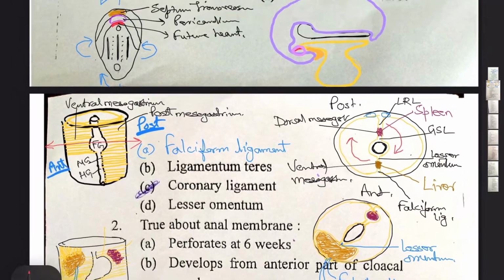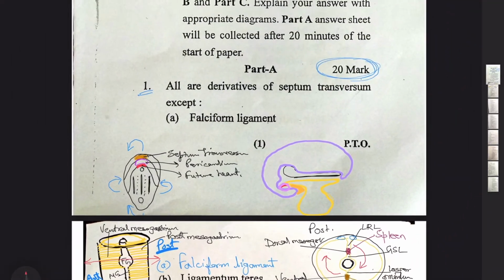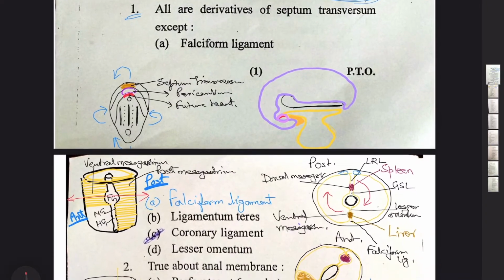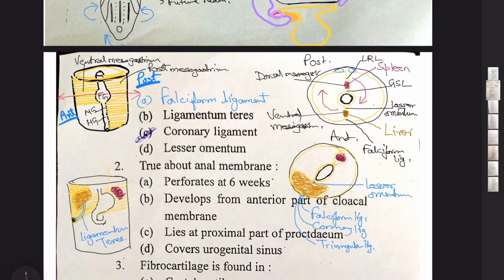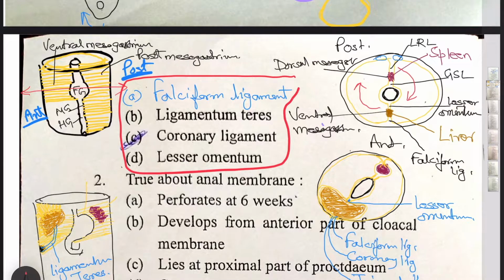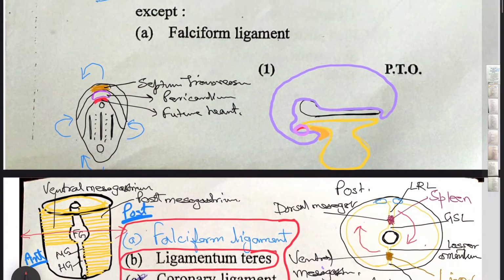The question here was, all are derivatives of septum transversum except falciform ligament, ligamentum teres, coronary ligament, lesser omentum. So remember, we're talking about these four choices. And here I have already told you now that ligamentum teres is not a derivative from septum transversum.